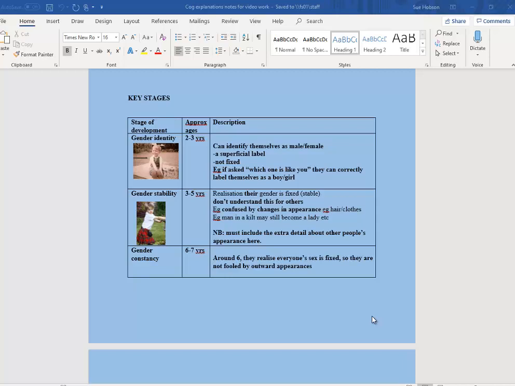Second stage, gender stability, roughly 3 to 5 years. They understand that their own gender is fixed, it's stable, but they don't get it for other people. They would be confused by changes in appearance, for example, hair and clothes. So if they saw a man in a kilt, they may still think that is a lady.